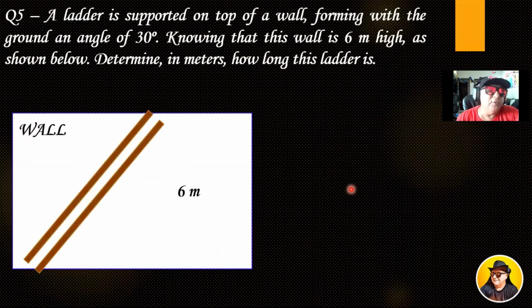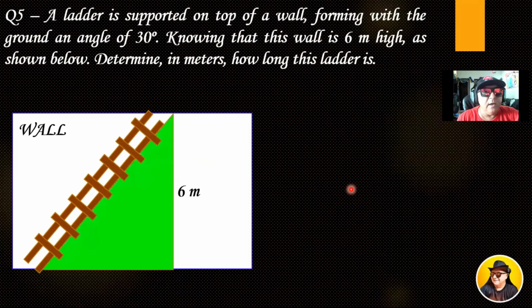This is the ladder. 30 degrees. X. And here, don't forget, this is the right angle. So it means that x, the ladder itself, is the hypotenuse.